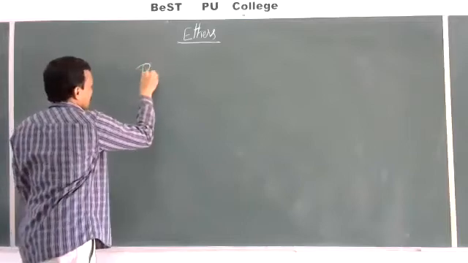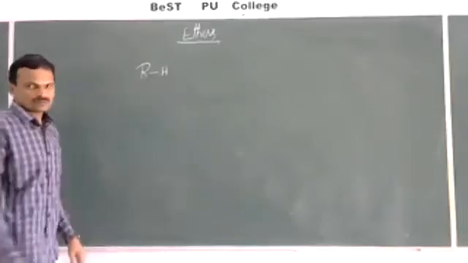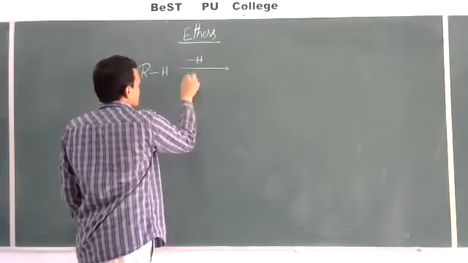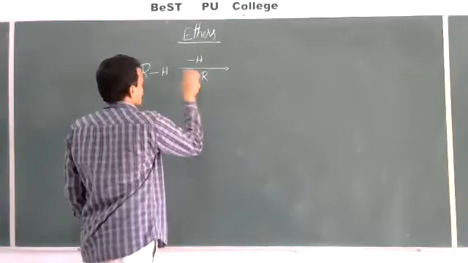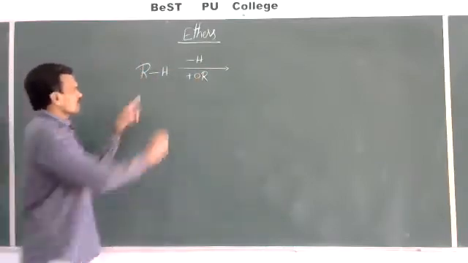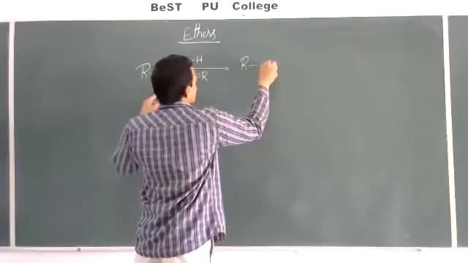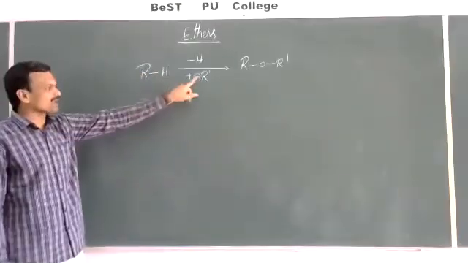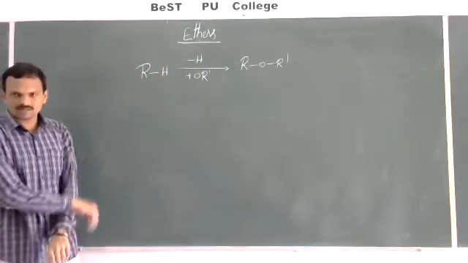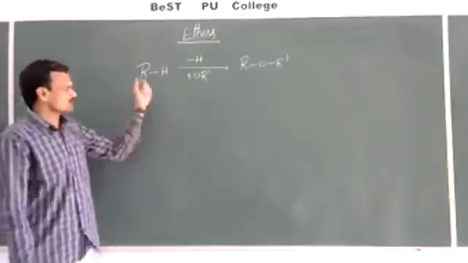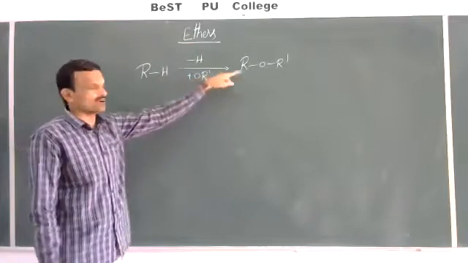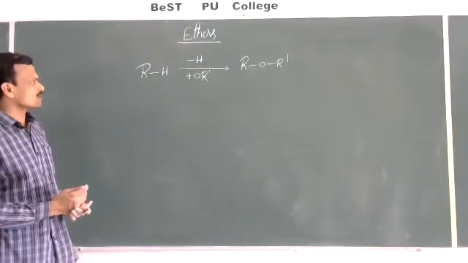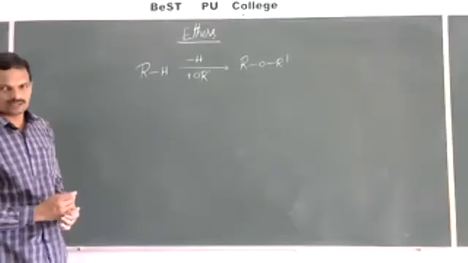If you take an alkane, RH, and one hydrogen is replaced with an alkoxy group, then what will you get? ROR'. So ethers are the alkoxy derivatives of hydrocarbons, nothing but alkanes, in which a hydrogen atom is replaced by an alkoxy group. Alkoxy derivatives of alkanes are ethers.